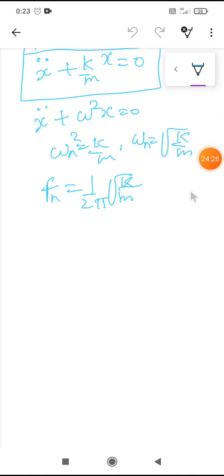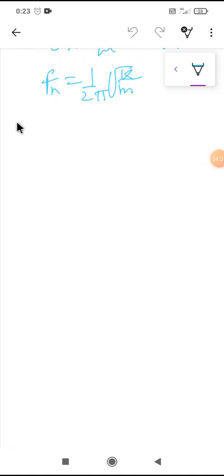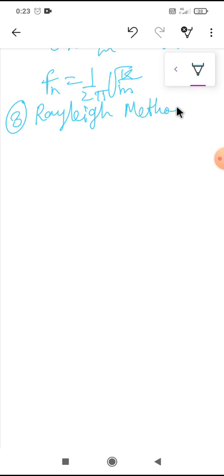Now we will see the third method, that is Rayleigh's method. So what did Rayleigh say? As we know, the maximum kinetic energy at the mean position, that is the equilibrium position, is equal to the maximum potential energy at the extreme positions, because when kinetic energy is maximum the potential is zero, and when potential is maximum the kinetic is zero.